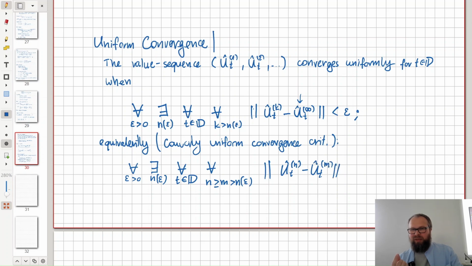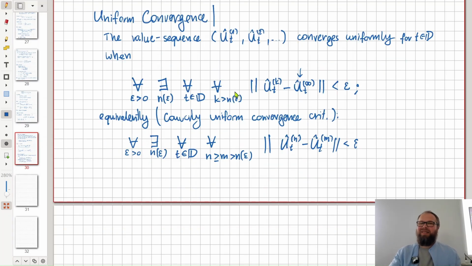They're being squeezed. Okay, so that's a Cauchy version. But you could also have a Cauchy criterion for pointwise convergence, right? We just have to exchange the quantifiers and make the threshold depend on t again. Obviously, right?